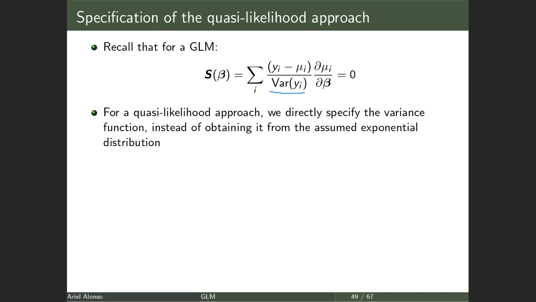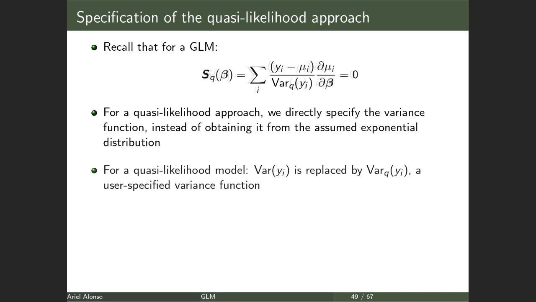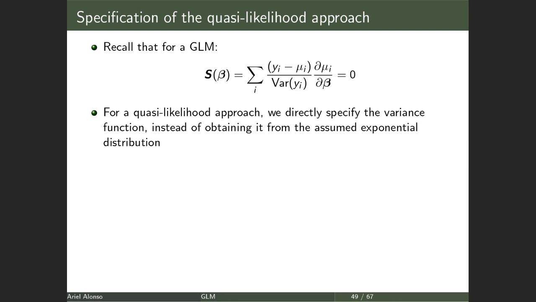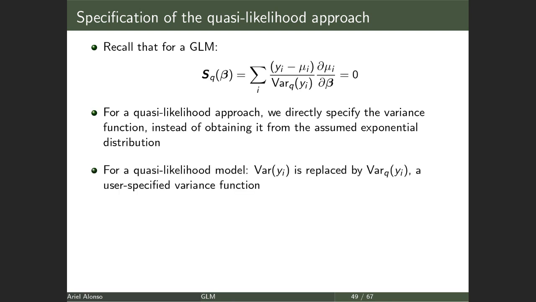So if you're using GLM, this emanates directly from the exponential family. If you're using quasi-likelihood, not necessarily. You specify it yourself, and it may not come from the exponential family. So for the quasi-likelihood method, you replace this variance function with a function you specify. Normally, in GLM, this variance function emanates from the exponential family. Now you're going to specify it yourself.